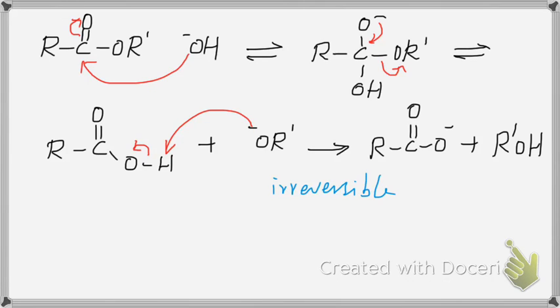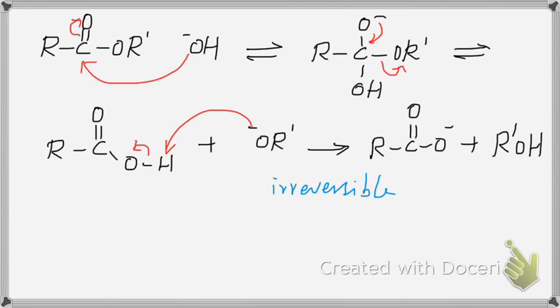So in this three-step mechanism, the first two are still under equilibrium, which means they are reversible. But the last one, the acid-base reaction, is irreversible. That's the step that drives the whole reaction forward.